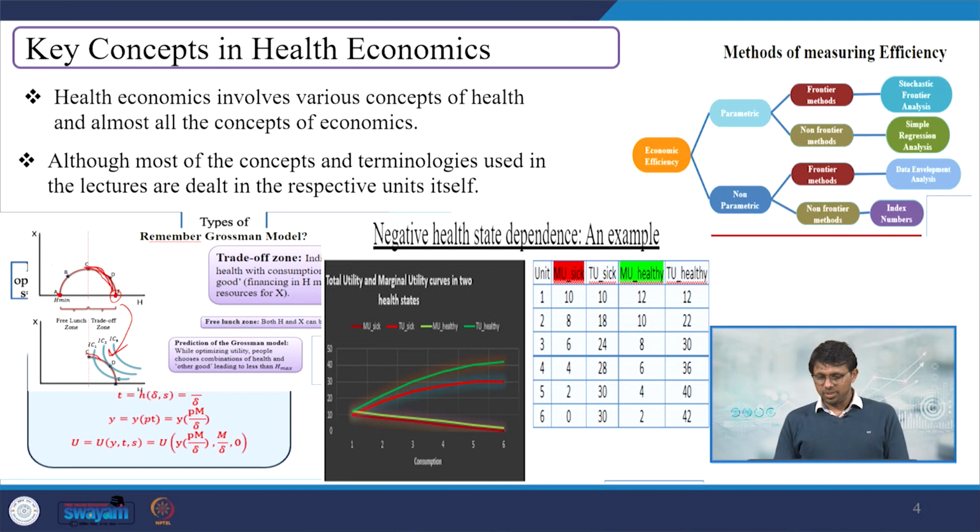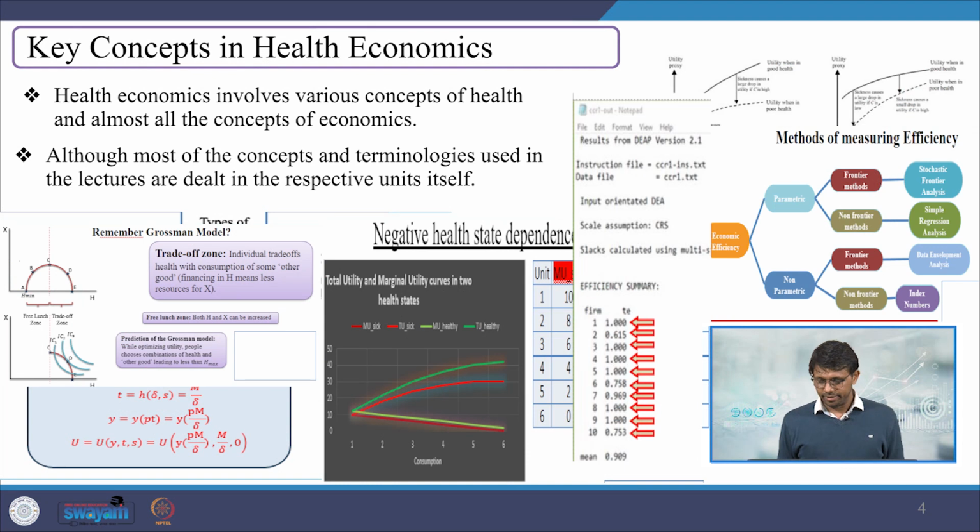Especially in parametric approaches, it takes the help of a distribution, and we try to explain the regression tools, but not in detail, as we have emphasized in that chapter on data envelopment analysis. We have also guided you how to reach and explain stochastic frontier analysis as well, though we have not discussed it in detail.